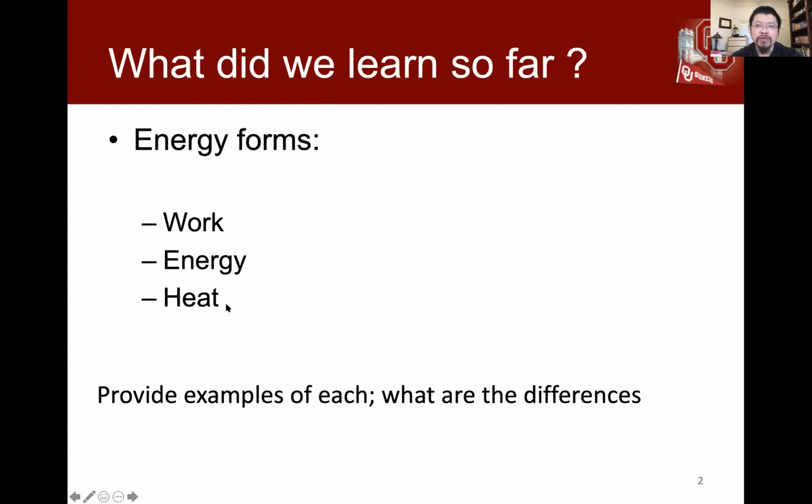You can think of lots of examples, as long as the subject is going to change the temperature, reactions, separations. Whenever you are going to change the temperature of the system, it must involve some heat release or heat uptake. And the difference is, as we know, work can be 100% converted into heat, but heat cannot otherwise.